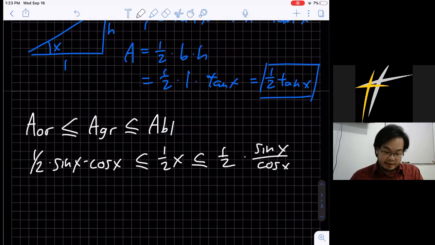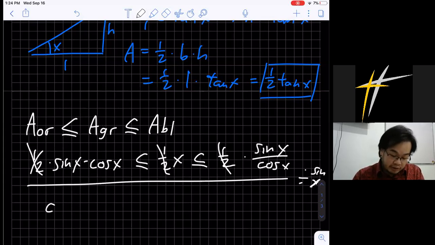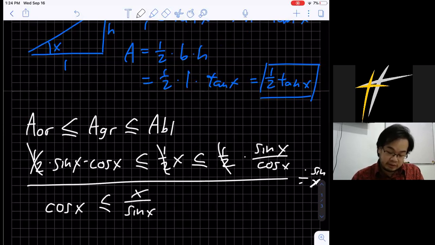Okay, and then multiply by 2 on all sides, and then I divide all sides by sine x. Okay, so what I'm going to have is cosine x is less than or equal to x over sine x, less than or equal to 1 over cosine x.